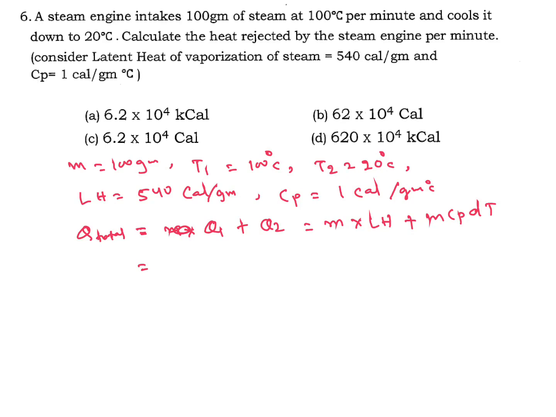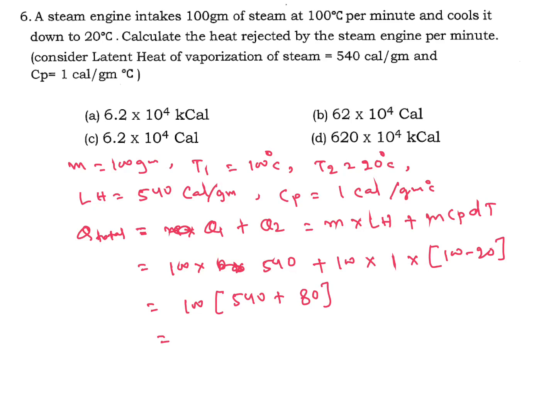Here mass is 100 gram, so 100 into latent heat, 540, plus mass is 100, Cp is 1, then dT 100 minus 20. 100 take common, 540 plus 80.